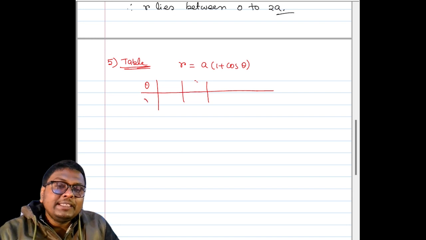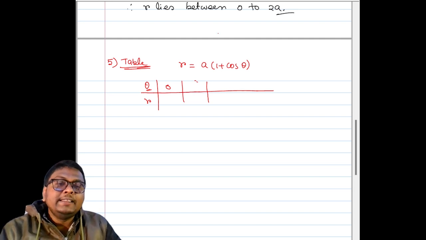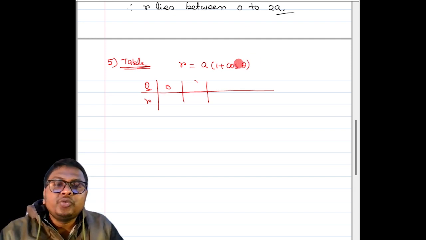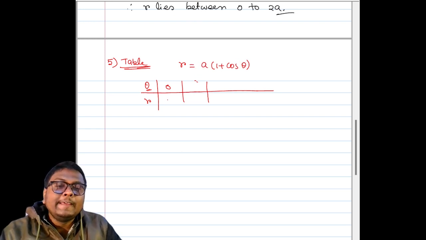So now just check, if we put theta equals 0, then cos theta is 1, so r is 2a. Because it is 1 plus 1, 2 into a, so 2a you will get. Now if we put theta equals pi by 6, it is 30 degrees.